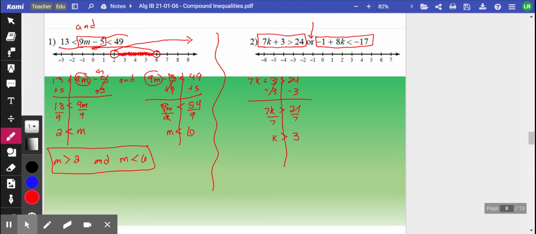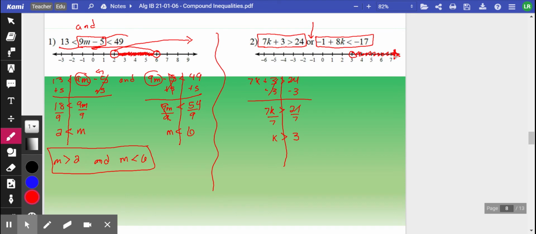Now, I wanted to remind you that in an OR statement, as long as one of them is true, it's a solution. So I can go ahead and shade an OR statement in right away. And statement you can't. You've got to make sure you see where they both are. So open dot on 3. That one goes to the right. So I know that's going to be part of the solutions.